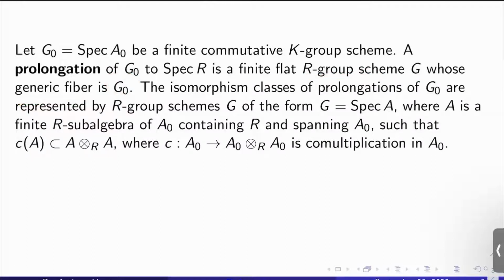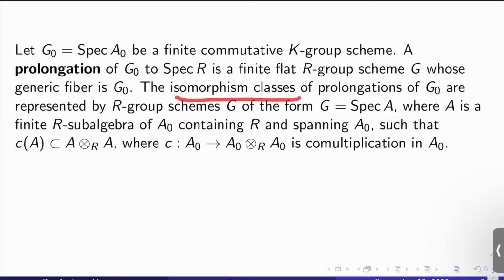So the generic fiber, remember, is just the fiber product with the generic point. So you're sort of allowing denominators in and looking at what happens to the scheme, essentially. Or if you like, it's not really that you're allowing arbitrary denominators in. A better way of thinking about it is by moving to the generic fiber, you're sort of looking at what happens at all but finitely many primes P, if you like. Okay, so that's what a prolongation is.